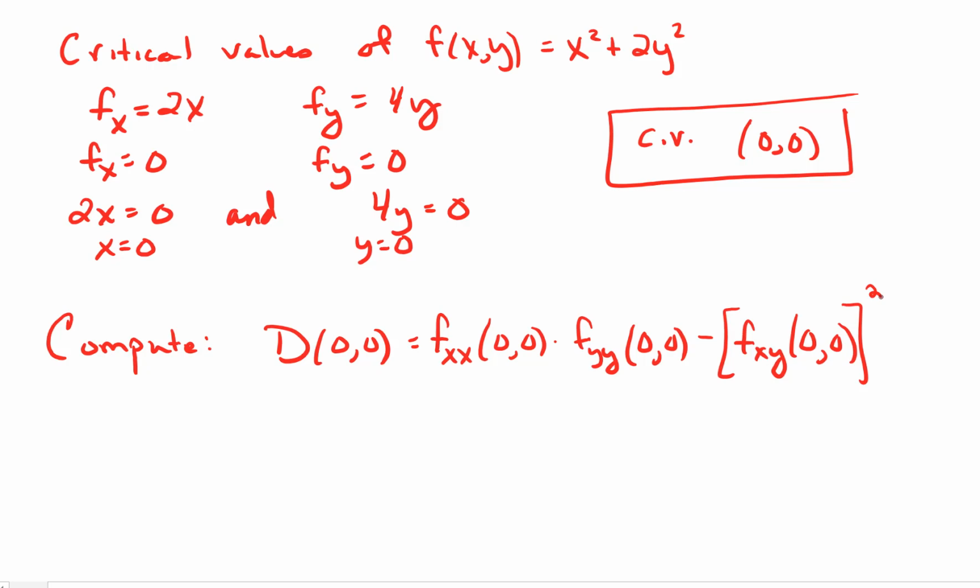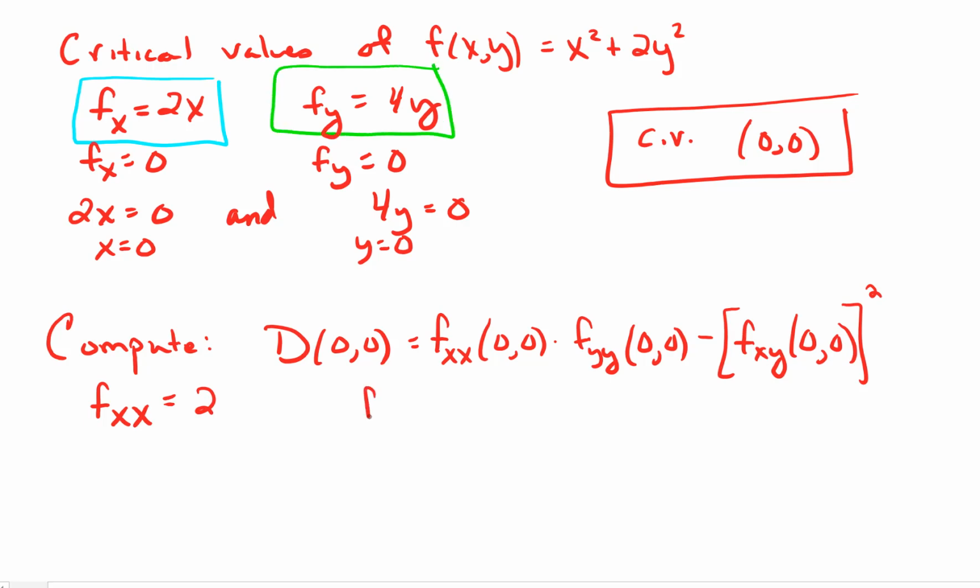Okay, so let's go and compute those results. I know that the derivative of f with respect to x is 2x, and so that means that my second derivative of f with respect to x is 2. Similarly, the second derivative with respect to y will be 4.